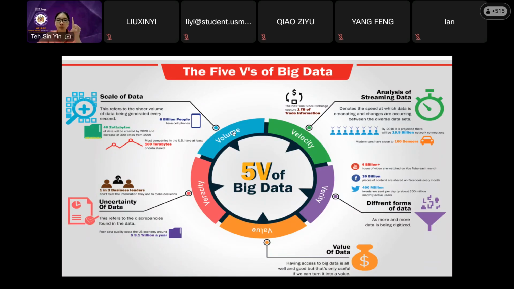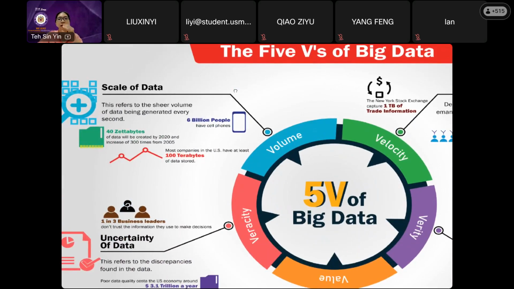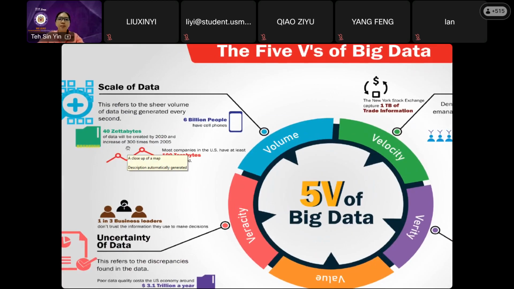First, of course, is the volume. The volume means the quantity. So how big is considered big? It mentions that the data reached about 40 zettabytes created by 2020, and now it has already increased more than 300 times.